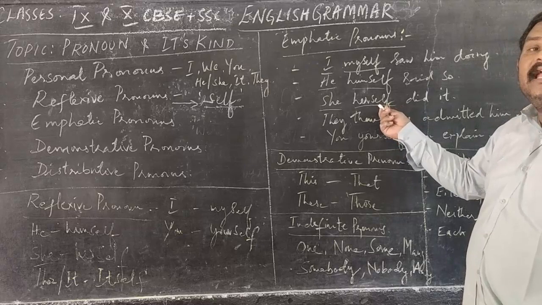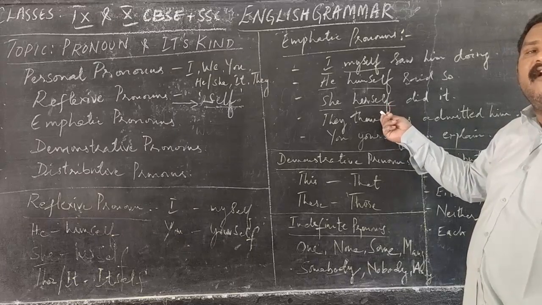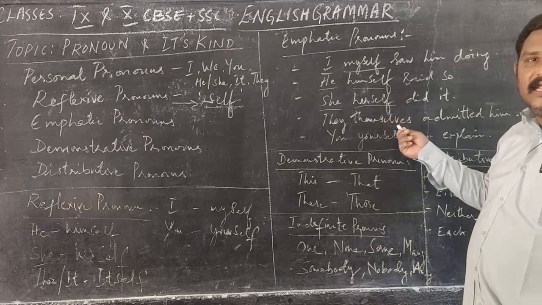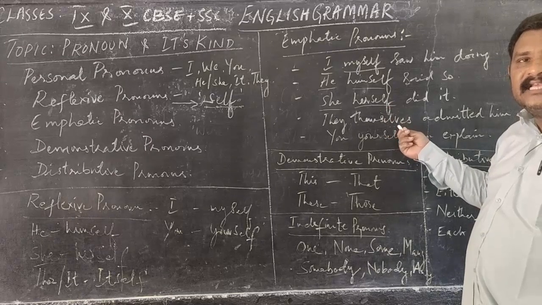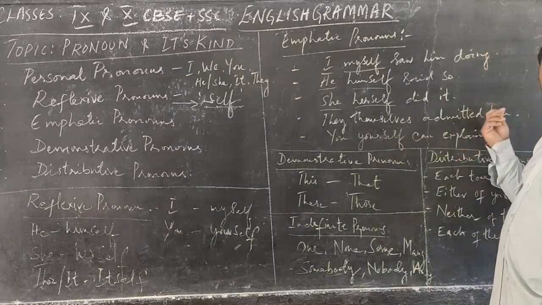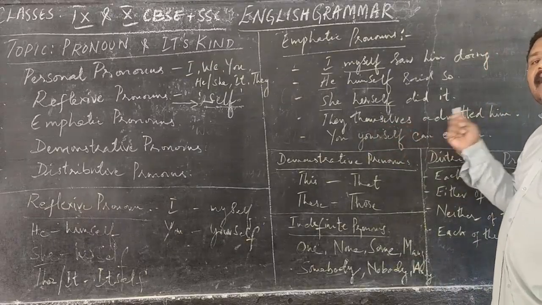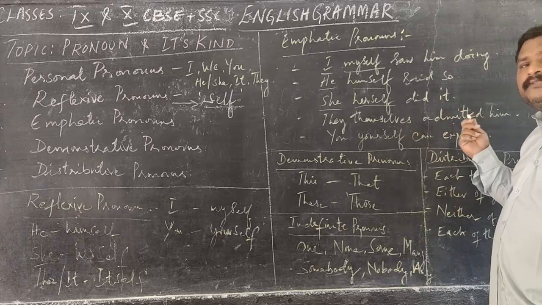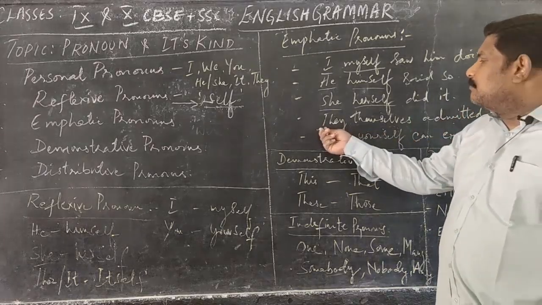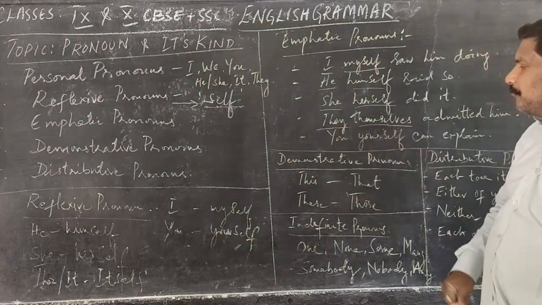If you see, it is not taking the spelling S-E-L-F. It is taking S-E-L-V-E-S, themselves. They themselves admitted him. Maybe in the hospital or maybe in the college, they have admitted him.